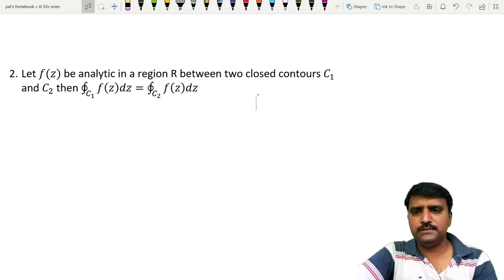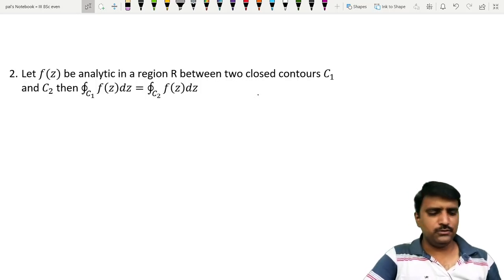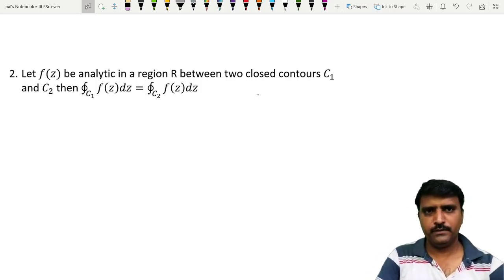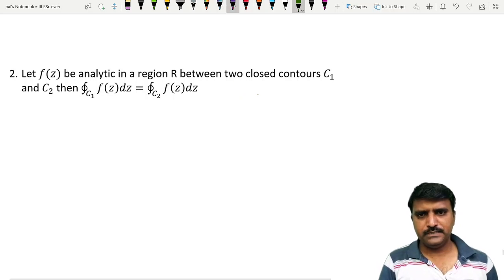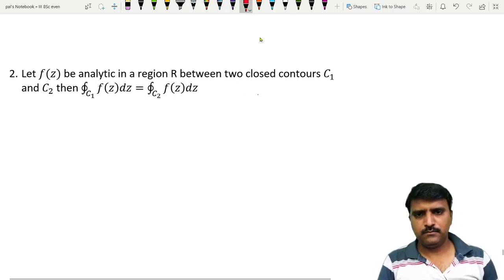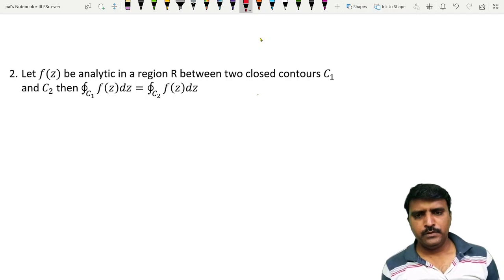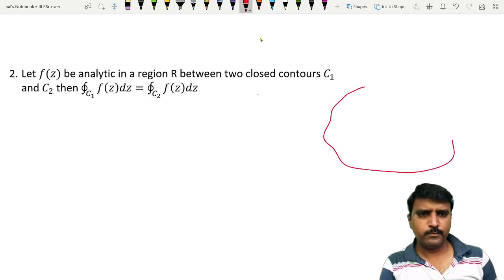So to prove this, first draw the closed contours C1 and C2. C1 and C2 are closed contours, so maybe like this. Take one closed curve like this, and this is C1.